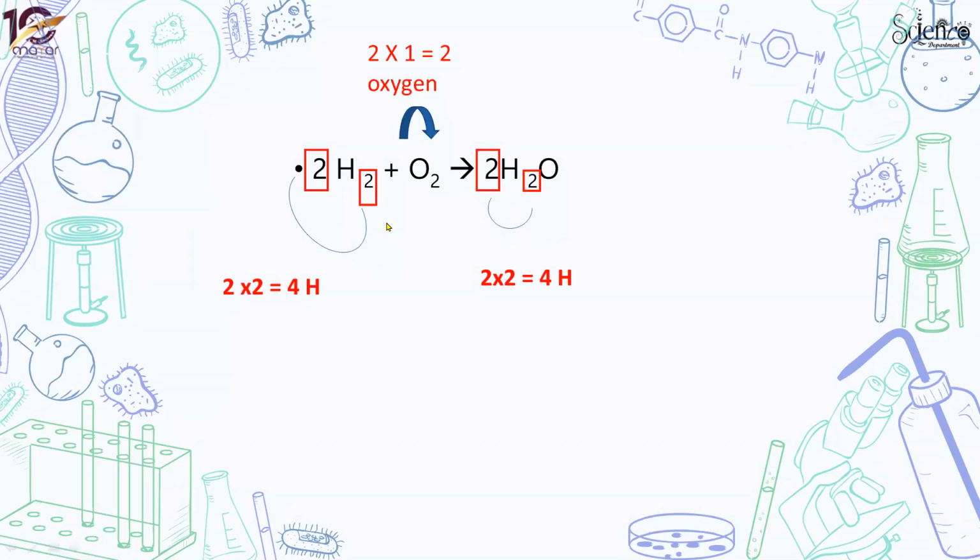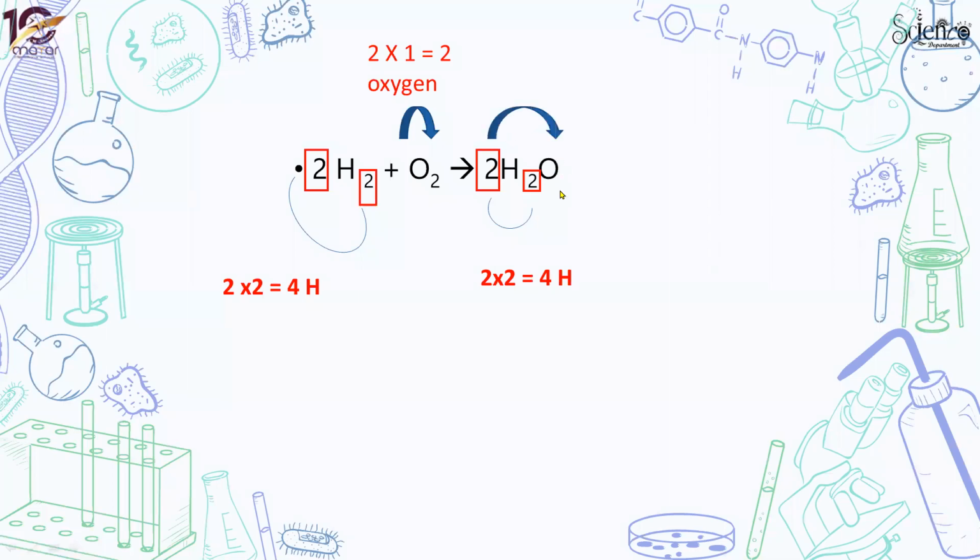Now let's find the number of oxygen atoms in the product. In front of the water molecule, I have a coefficient of 2, which means that when you calculate the number of atoms, you multiply this number with each element inside the compound. So we already did 2 times 2 for hydrogen. Now for oxygen, 2 times, there is no number here.